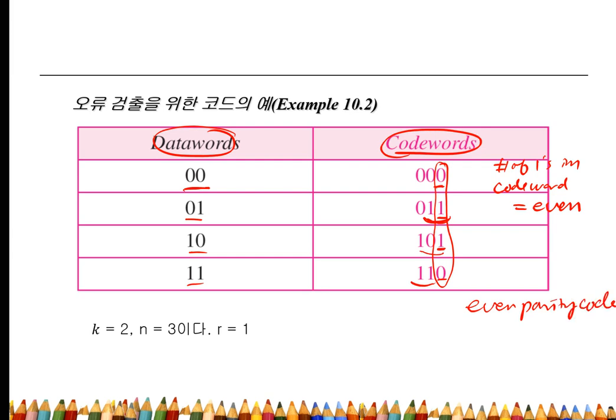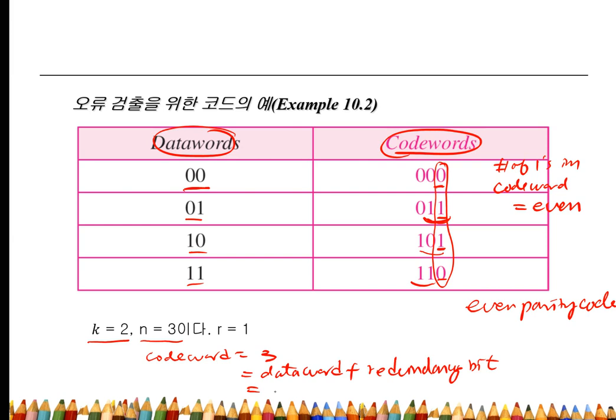In this case, we say that k equals 2, that's the size of the data word, and the code word size is 3 because it needs the data word plus a redundancy bit. So 2 plus 1 is 3.